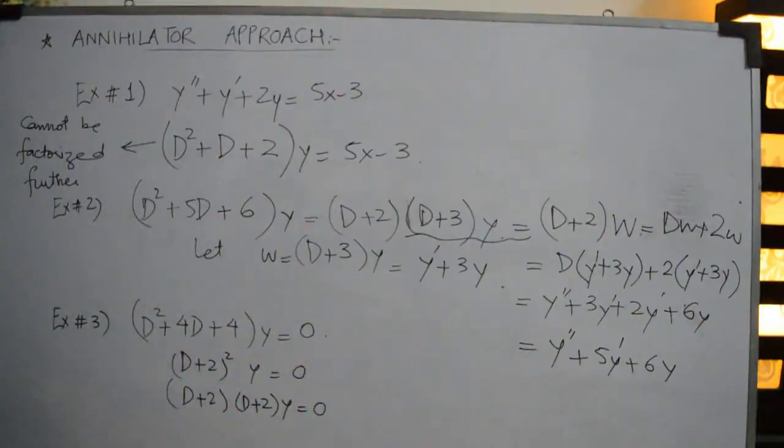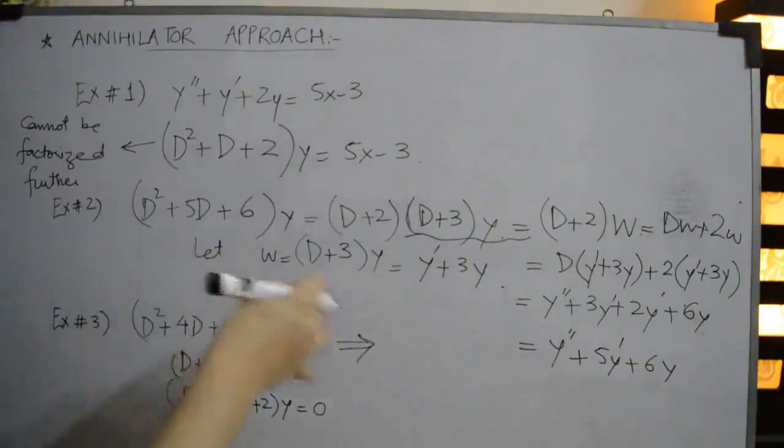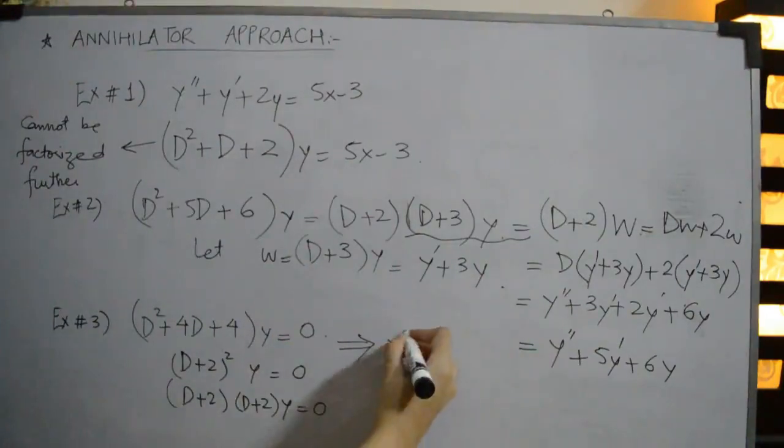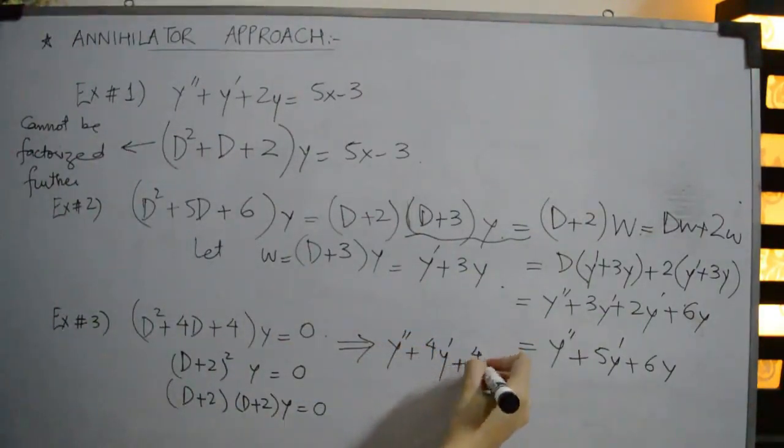I can also use the linearity property step by step. If I write directly into the differential equation, it becomes y'' + 4y' + 4y = 0.